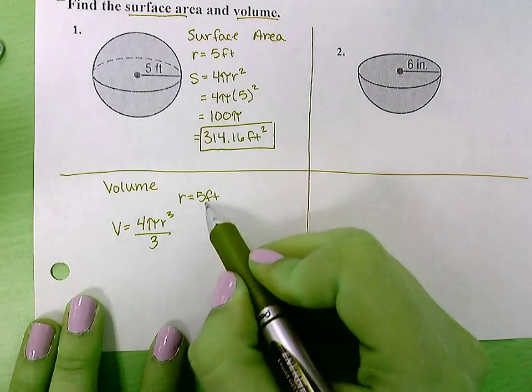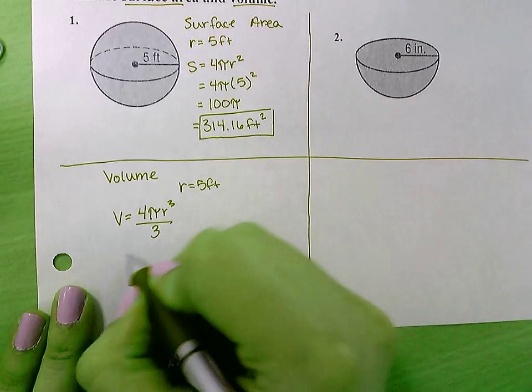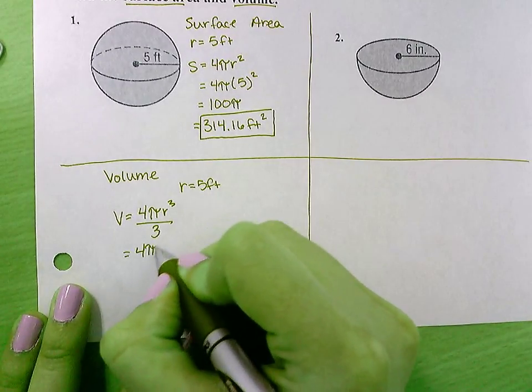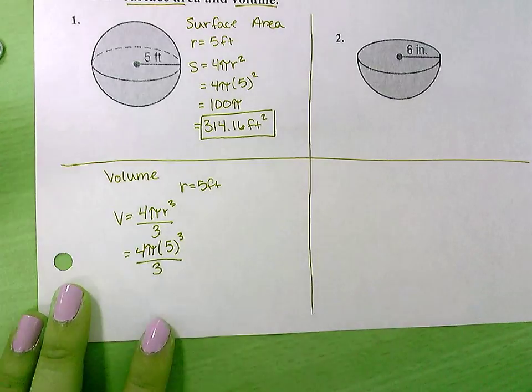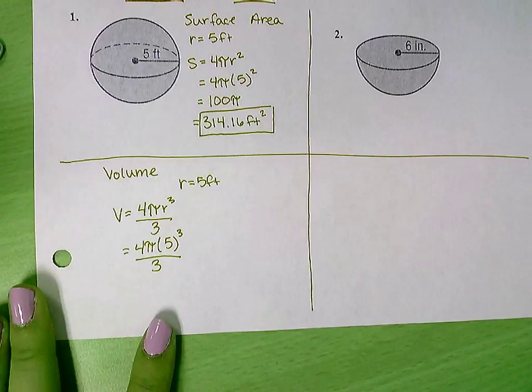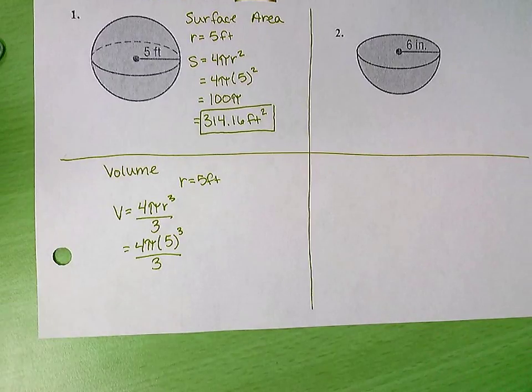Okay, from here I can plug in 5 for r. So we have 4 pi times 5 cubed over 3. Okay, and it is 5 cubed. Do we know how to cube something in the calculator?